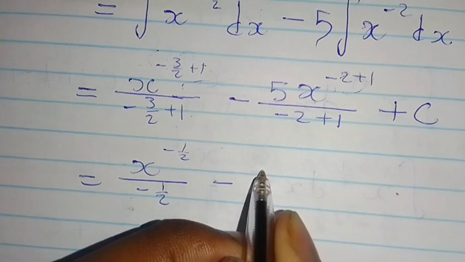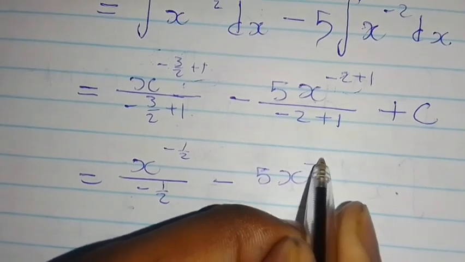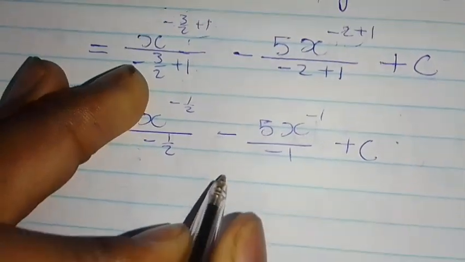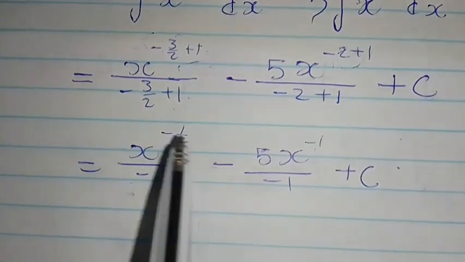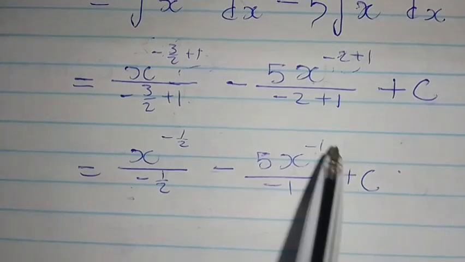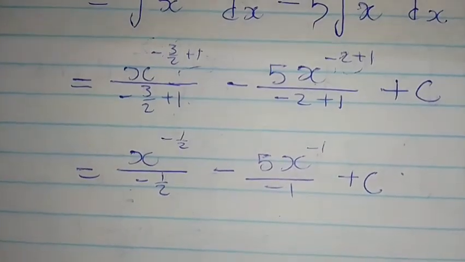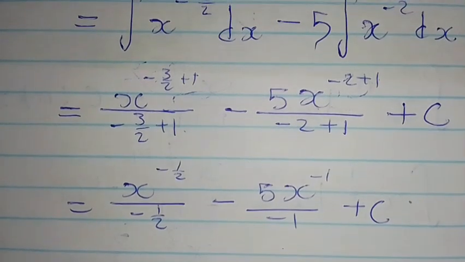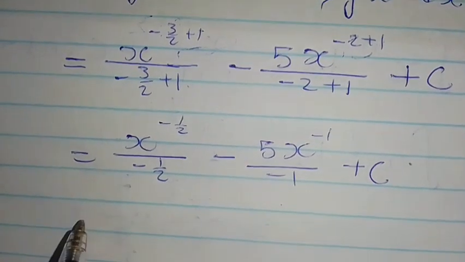Then you'll have 5x to the power minus 1 divided by minus 1 plus a constant. You don't necessarily need to show all steps. I'm just showing you how you arrive at this point. I'm showing all steps, but you don't have to do that as long as you know what you're doing.